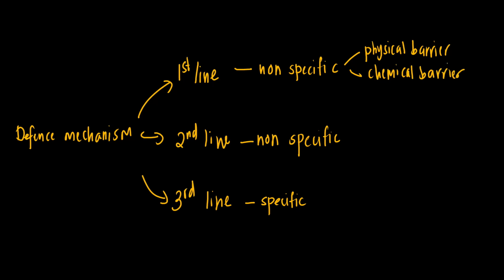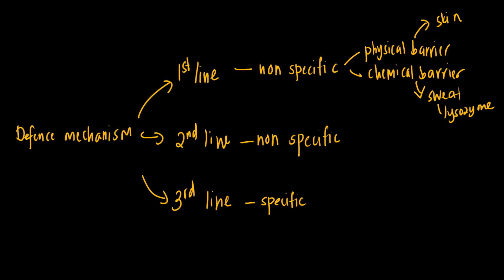So what is the physical barrier that we have here? For example, your skin. Your skin protects you from the entry of pathogens. Whereas for chemical barrier, such as your sweat, your sweat contains lysozyme. Lysozyme is a type of digestive enzyme which will digest the cell wall of certain bacteria.